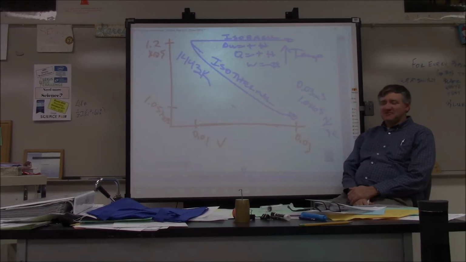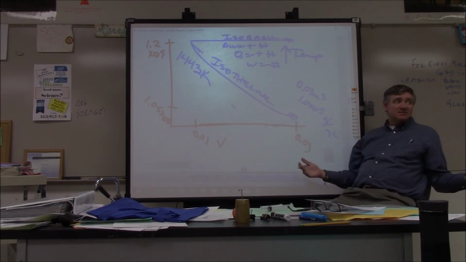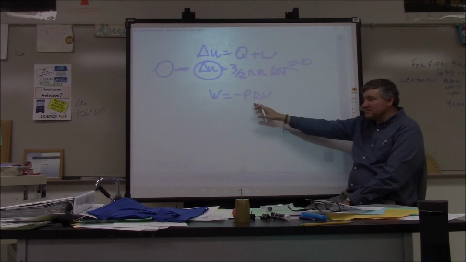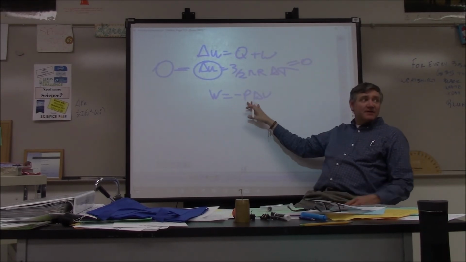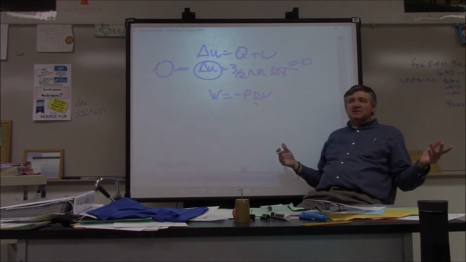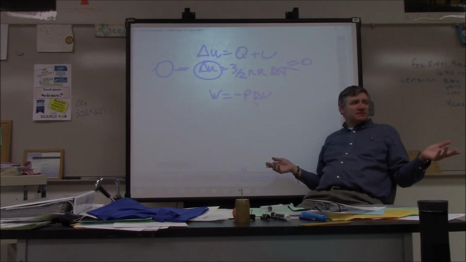You shake your head no. Why, Ethan? The pressure is constant. Well, I don't have a constant pressure, right? I do have a change in volume, I'll give you that, but I don't know what pressure to use, because the pressure is always changing.